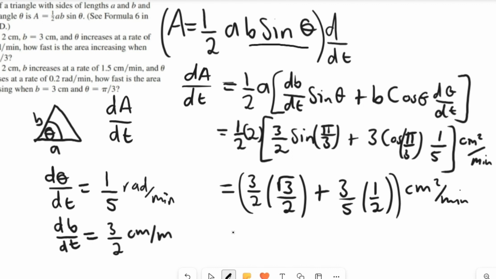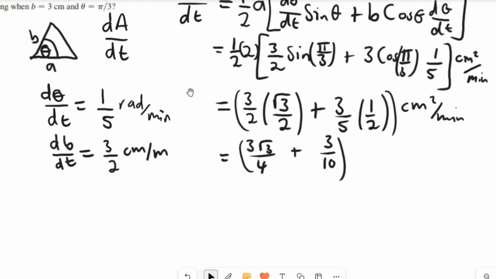And then what's the final answer? Not necessarily the final answer, we're still going to have to simplify. This one, 3 times root 3 is 3 root 3, over 2 times 2, 4. And then we have plus 3 over 10, right? The units here are still centimeters squared per minute.